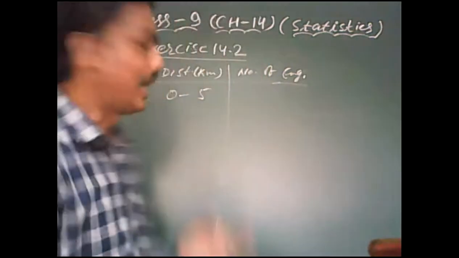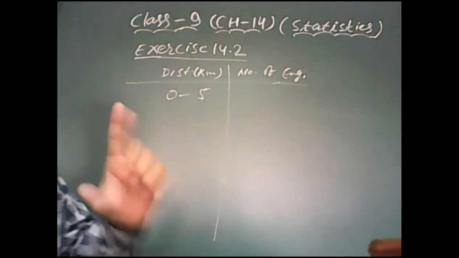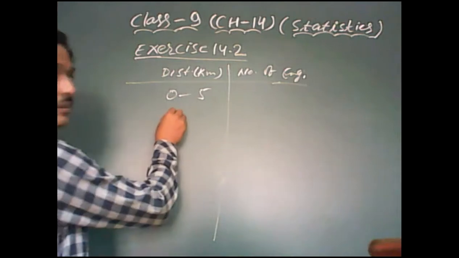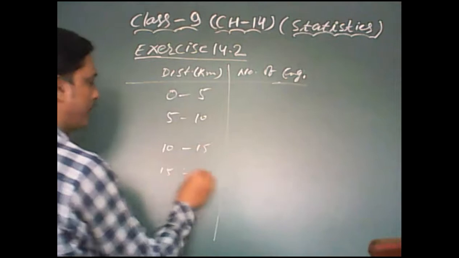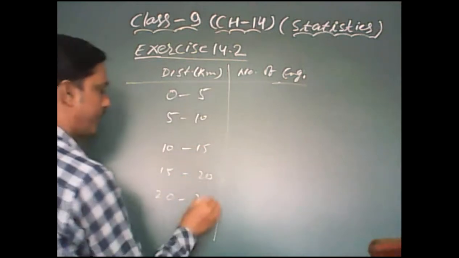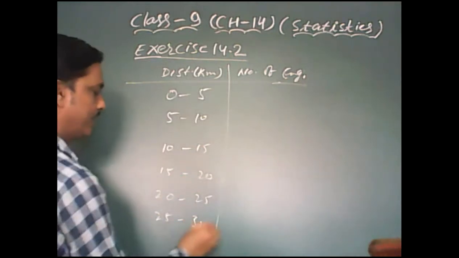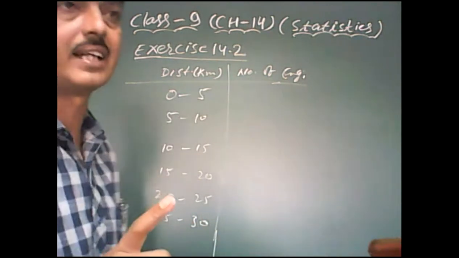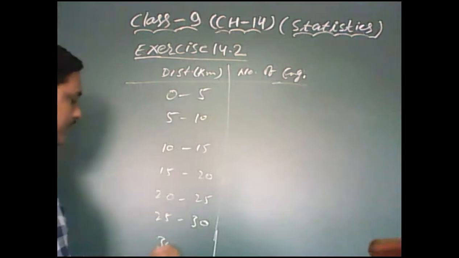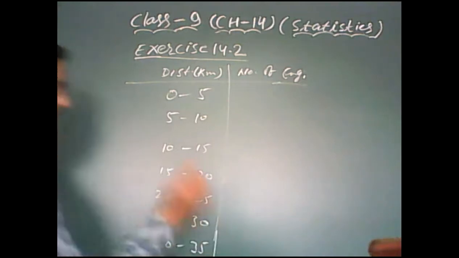So the last class interval decides our maximum value. 0 to 5, 5 to 10, 10 to 15, 15 to 20, 20 to 25, 25 to 30. Now we need one more class interval because the maximum value here is 32. That's why we need 30 to 35 as the last class interval.